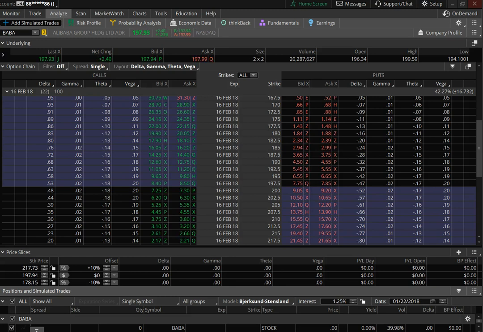And if you get that, you start to get the sense of how powerful delta really is, that delta tells you so much stuff. So right here, we have a 53% chance at this moment of this option and this strike price finishing in the money. Okay? Again, very close to 50-50.